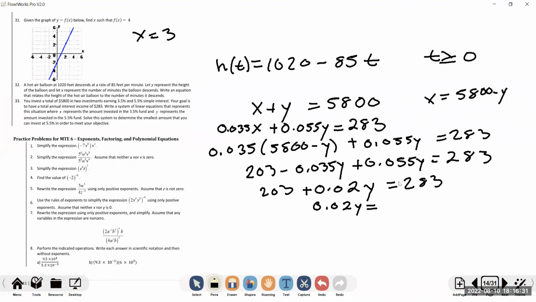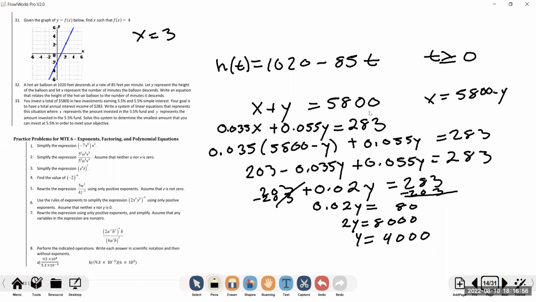Then we're going to subtract 203 from both sides, and that's going to give me 80. Now, I don't like dividing by a decimal, so I'm going to multiply both sides by 100 here. 2Y is equal to 8,000, and Y is going to be equal to 4,000.